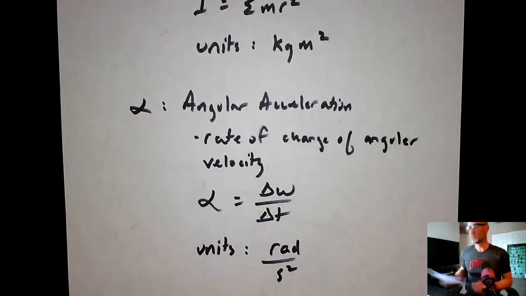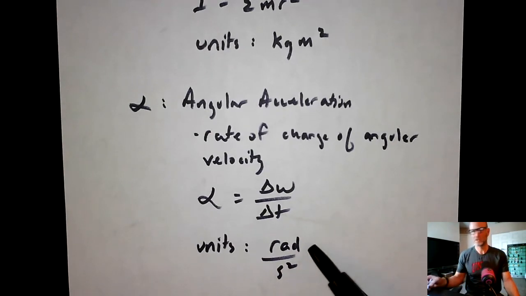If you remember, when we did angular kinematics, we had some options for units: degrees per second squared, revolutions per second squared, any units of angular velocity over any units of time. However, when we're using angular acceleration outside of just looking at position, velocity, acceleration relationships, we have to use radians per second squared.